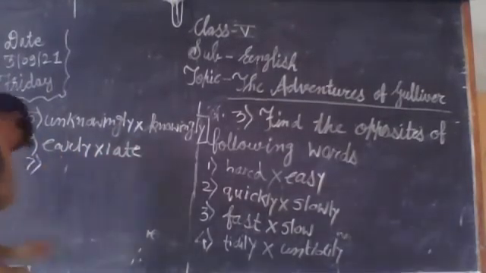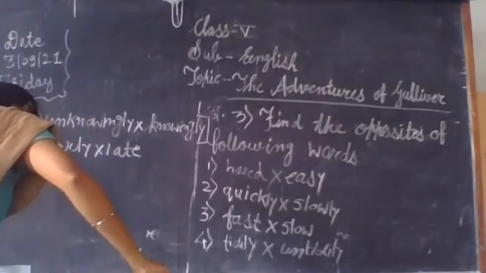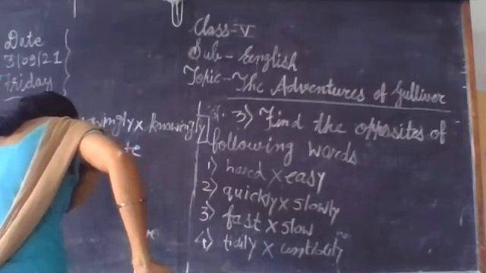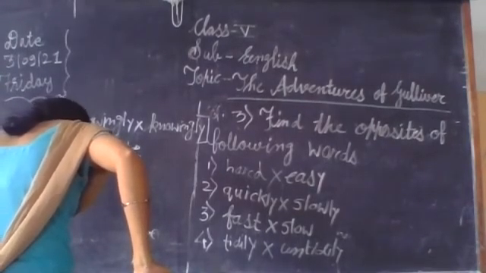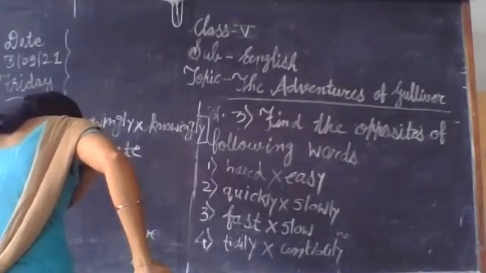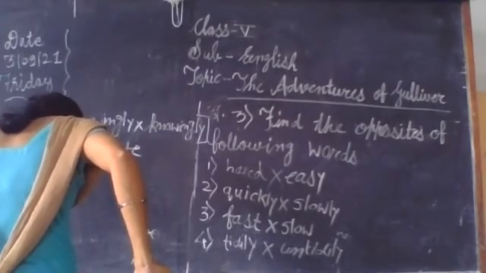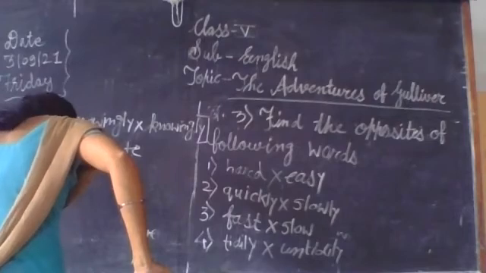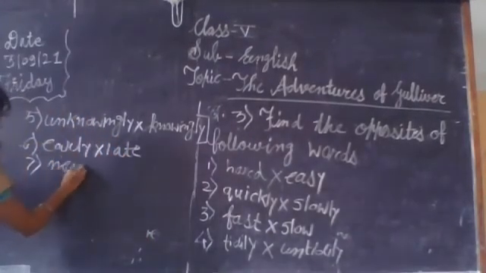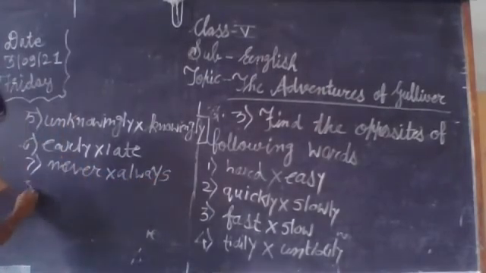Next, number 7 is often. Never, opposite always.